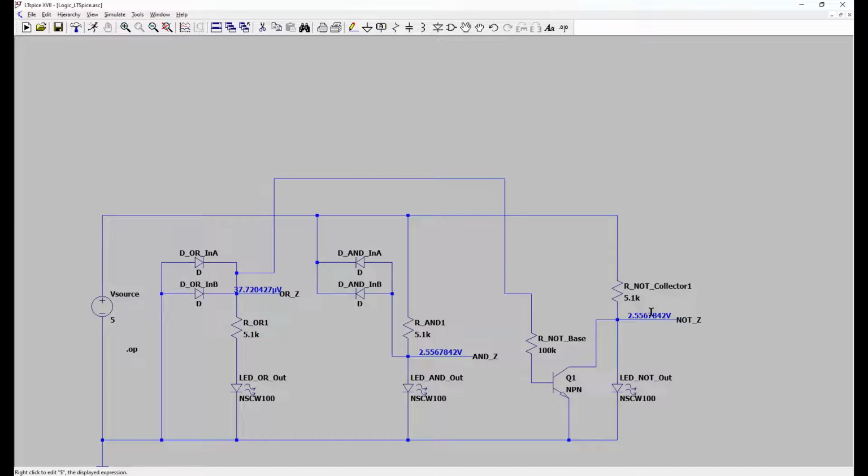And in the process, we've successfully simulated a NOR gate.